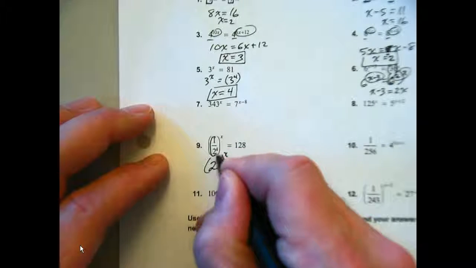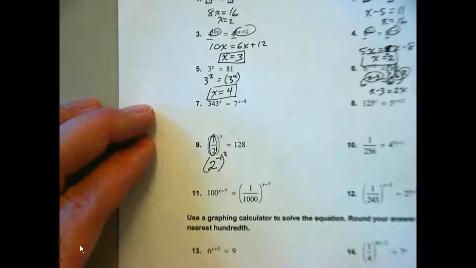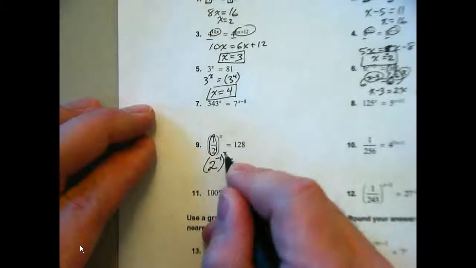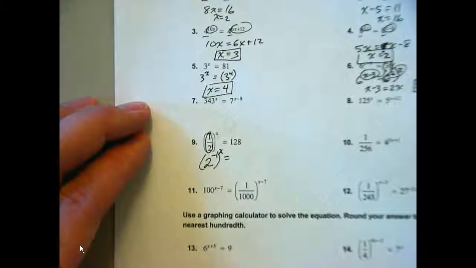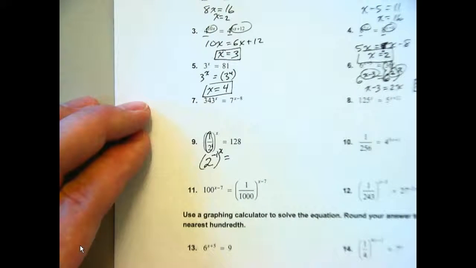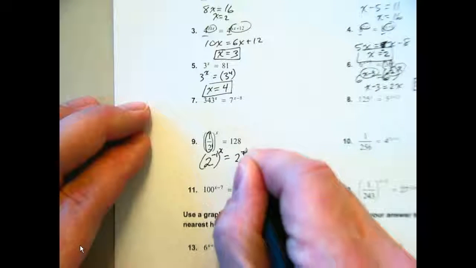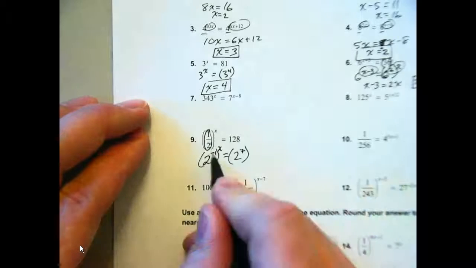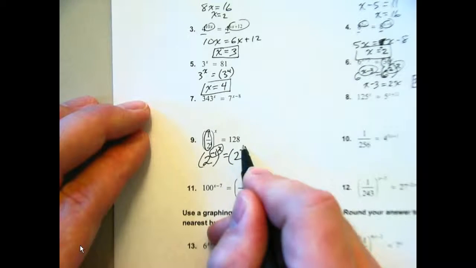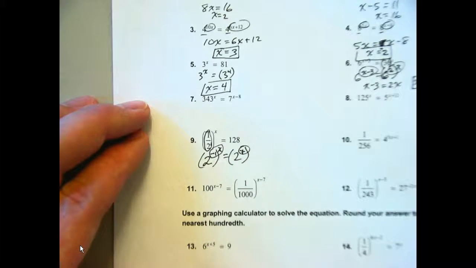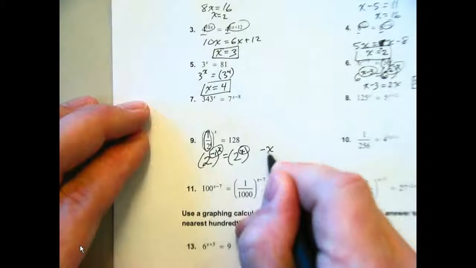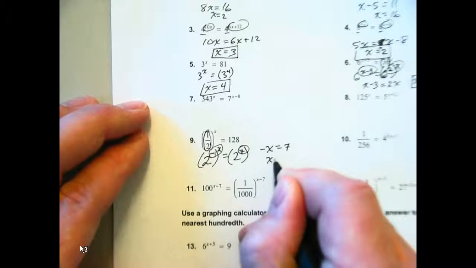So 1/2 becomes 2 to the negative first. 128, is that a power of 2? Yeah, this is 2 to the 7th. Now we can solve because we have the same base. Negative x equals 7. So x equals -7.